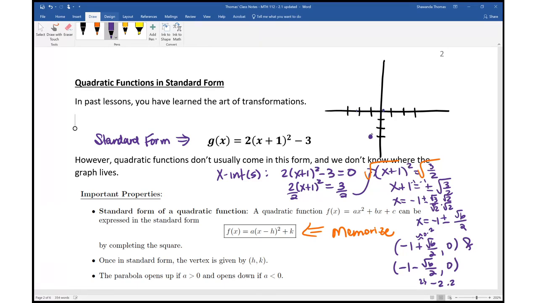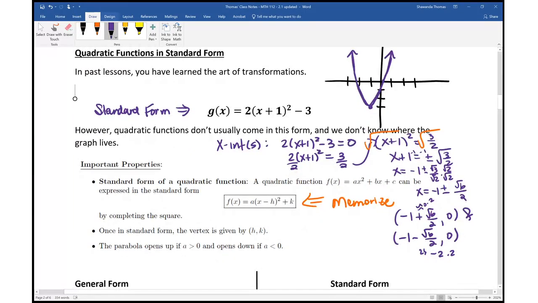So you see where that is crossing the x-axis, right? But even the y-intercept, if we had to find the y-intercept, I prefer using the general form. So let's talk about the general form. How can we get the standard form into the general form?